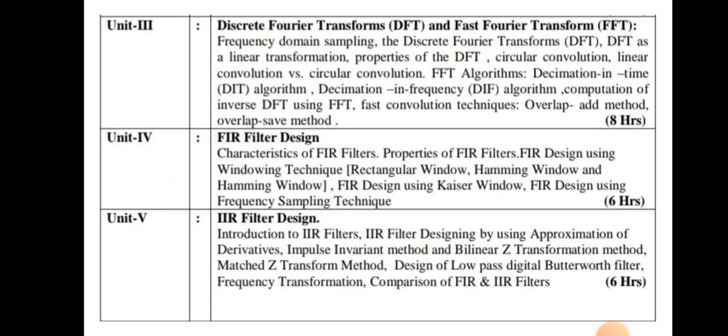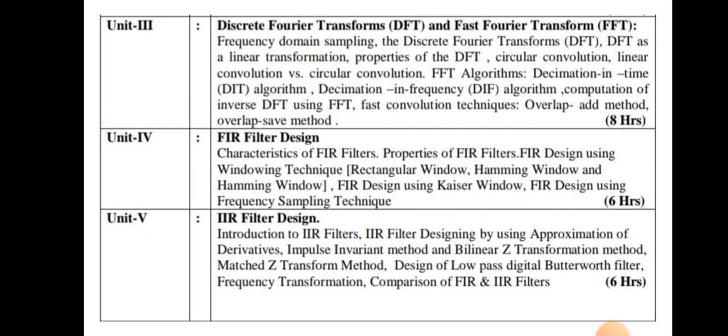Now the third unit is DFT, that is discrete Fourier transform, and fast Fourier transform, FFT. In this third unit we will cover the points: frequency domain sampling, the discrete Fourier transform DFT as a linear transformation, properties of the DFT, circular convolution, linear convolution versus circular convolution.